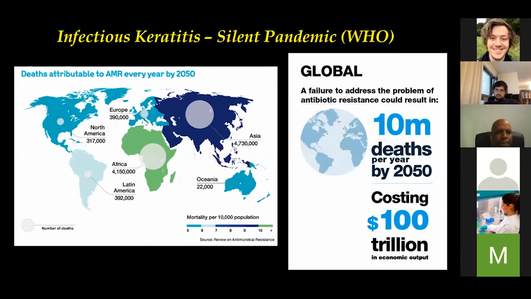So in order to further emphasize the need for new antimicrobial drugs and treatments, according to the World Health Organization, it is expected that by 2050, more people will die due to antibiotic resistance than to cancer and diabetes combined.